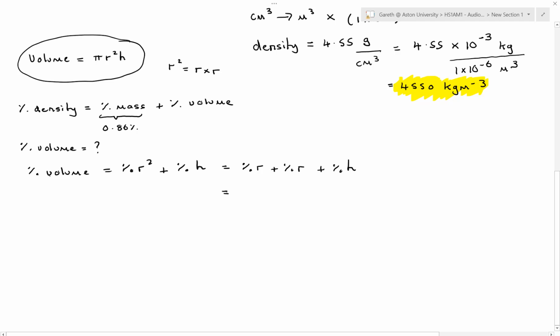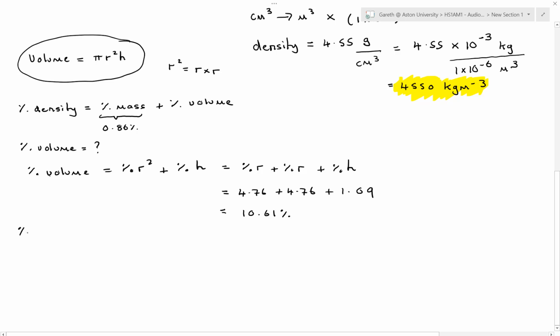The percentage uncertainty in the diameter was 4.76%, so that's the same for the radius, so that will be 4.76 plus 4.76, and the percentage uncertainty in the height was 1.09. So the percentage uncertainty in the volume is going to be 10.61%.